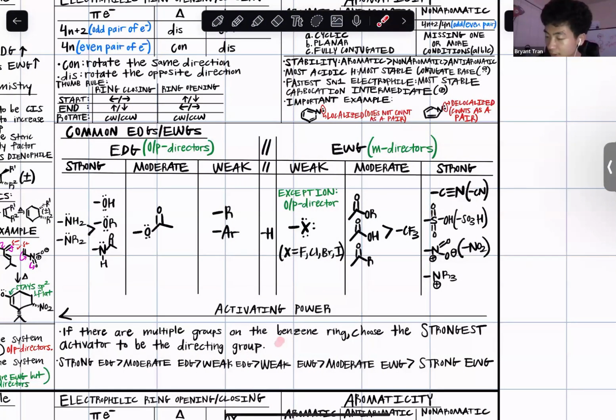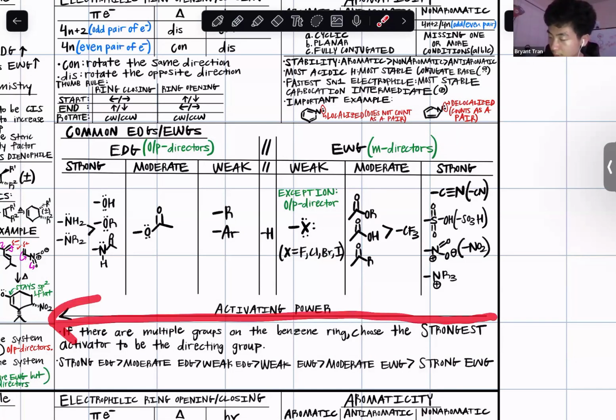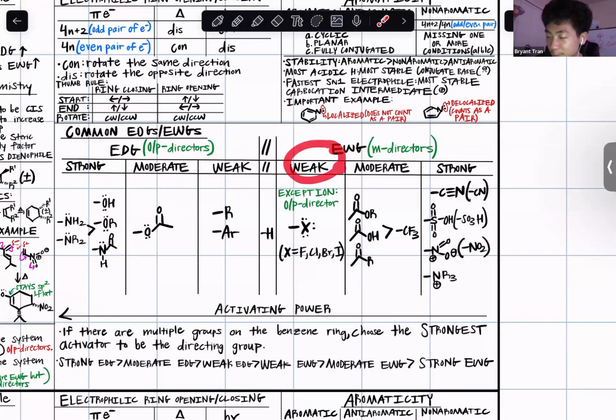Right. So if you have multiple groups, you choose the groups on the left side over the right side. So a strong EDG would take priority over a moderate EDG, which would take priority over a weak EDG. Now, if you have EWGs, a weak EWG would be higher priority than a moderate EWG, which would be higher priority than a strong EWG.